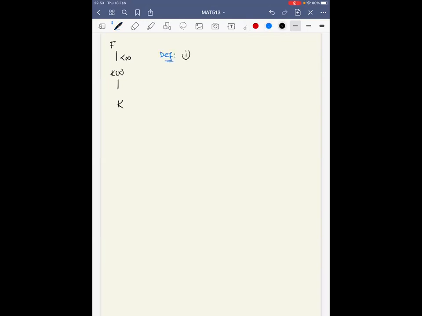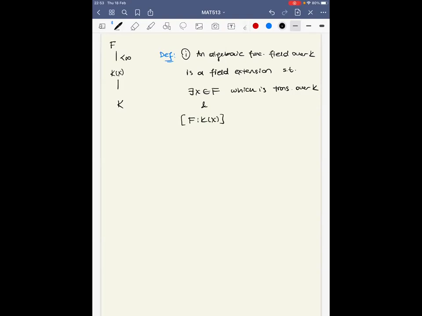More explicitly, we will define an algebraic function field over K as a field extension F such that it contains a transcendental element x over K and F is a finite extension over the rational function field K of x with respect to this transcendental.